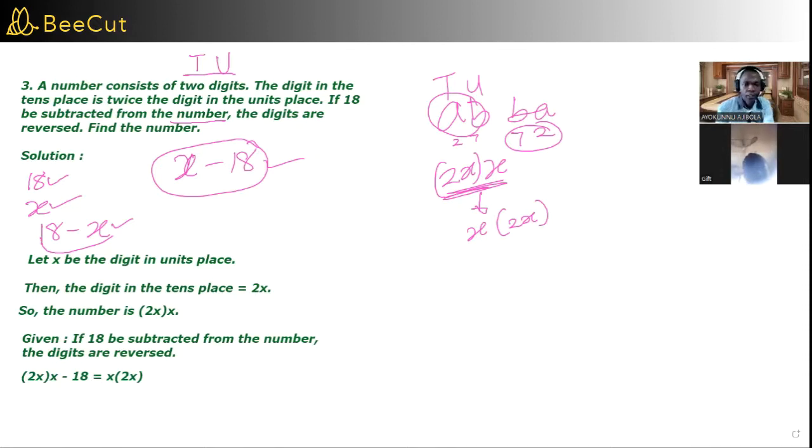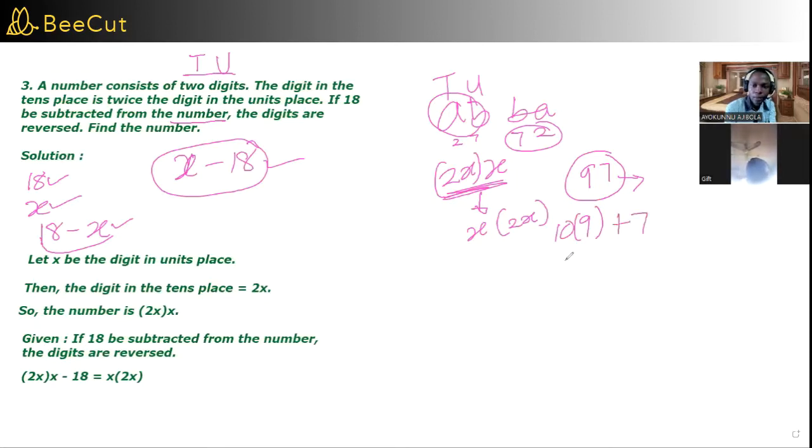But bear in mind that we cannot just use this number as it is. Let me explain something here. If the number happens to be, let's assume it's 97, a two-digit number, this 97 can be rewritten as 9 times 10, which is 90, then plus 7.